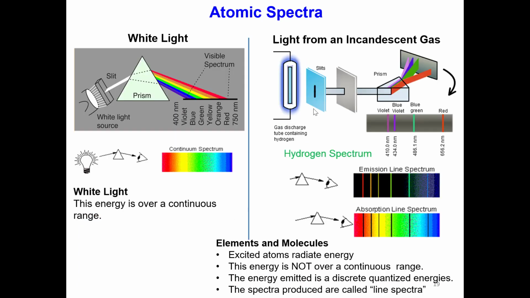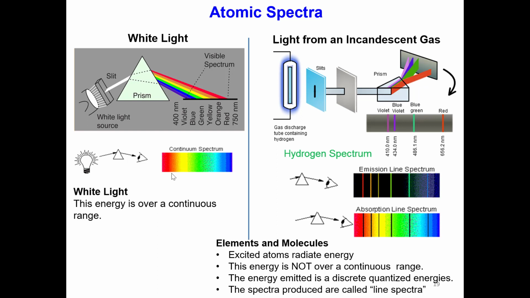Now we can do exactly the same thing we did with the white light. We pass this light through the slit, and then through the prism to disperse it, the same as if we observe this light using a spectrometer. When we disperse the light coming from this tube, we see some particular colors, some particular radiation.